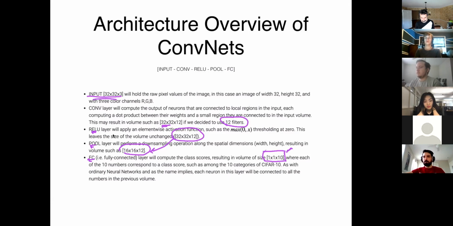And again, the size of these really depends on the number of kernels that you use in your architecture, right? So when you define your network in TensorFlow, you need to define this overview architecture, right? You define this layer.